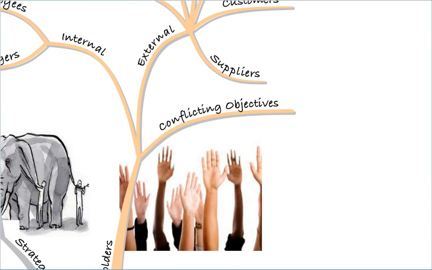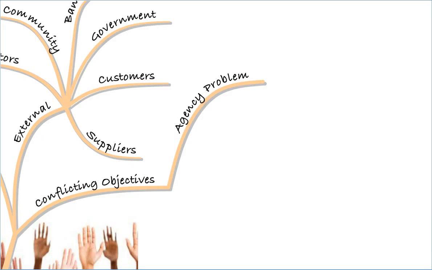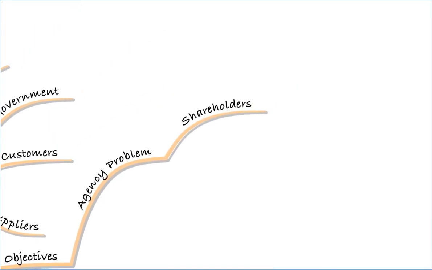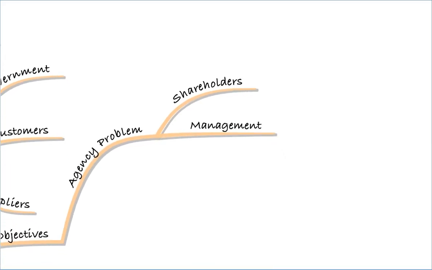And remember, they may have conflicting objectives. And we talked about the agency problem, how shareholders have long-term objectives. They want to see stability in the business and long-term returns, whereas management are interested in short-term gain. They want to make as much money as they can, their bonuses, etc. And those two goals are not aligned.